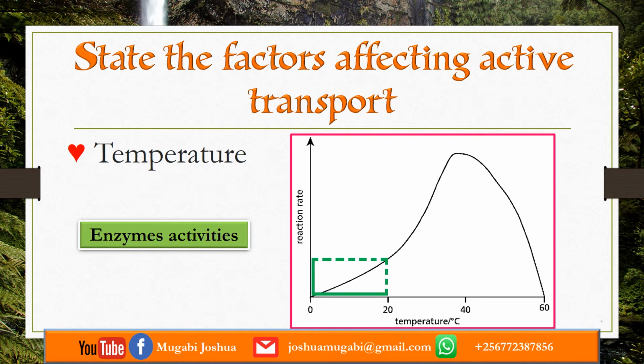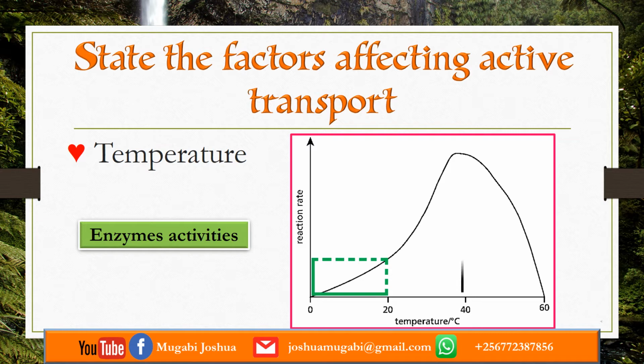And when they increased, the rate of reaction increased and the products that we produced also increased. Now let us say we increase the temperature furthermore from 20 and we take it to 40.